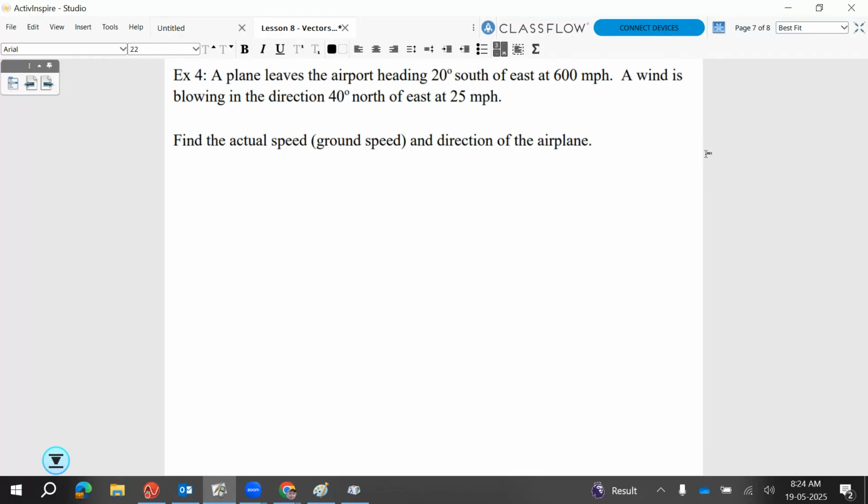And if you remember, this is north, this is east, this is south, and this is west. So the plane is leaving and it is 20 degrees south of east. So it is coming out and it's going like this. This is going at 600 miles per hour, and our angle in here is 20 degrees.